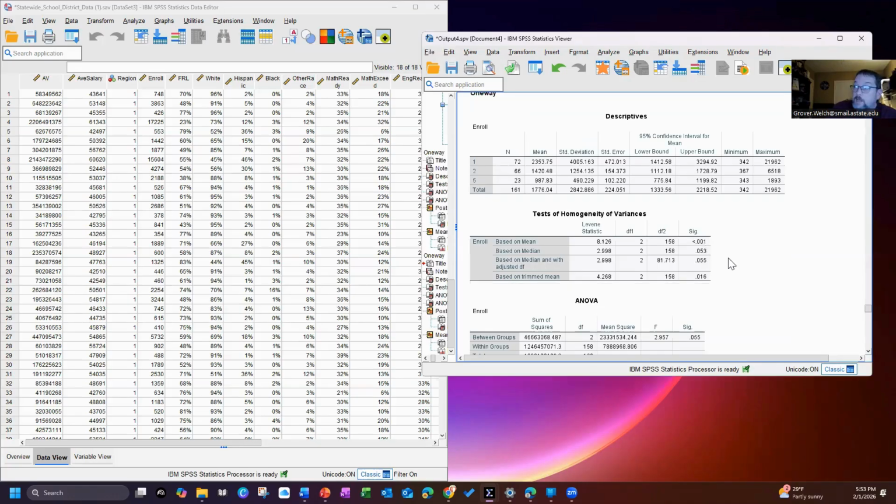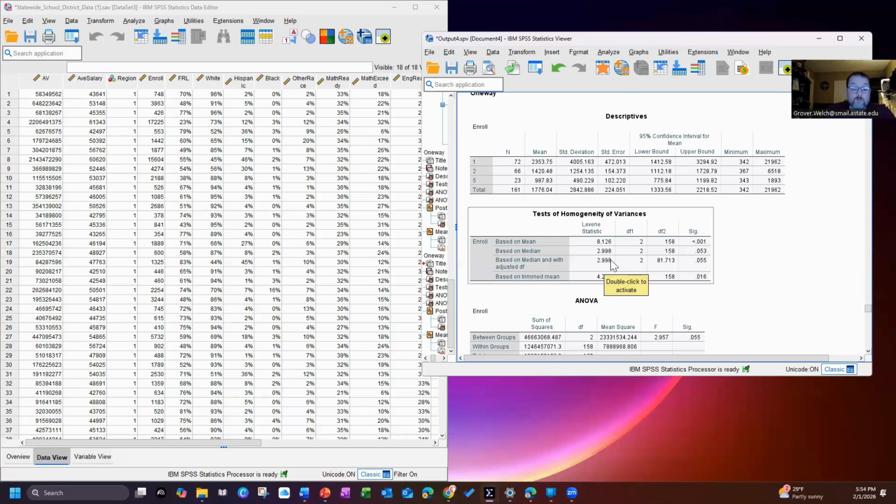My Levene statistic here was 8.126 with a significance of less than 0.001. Since the significance was less than my alpha of 0.05, the assumption of equal variance was violated. That meant that the 3 regions did not have homogeneous variances.